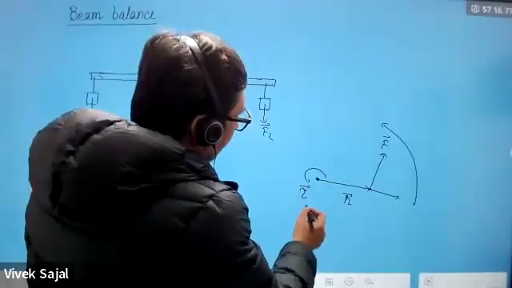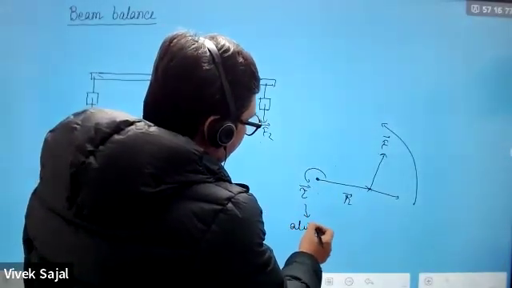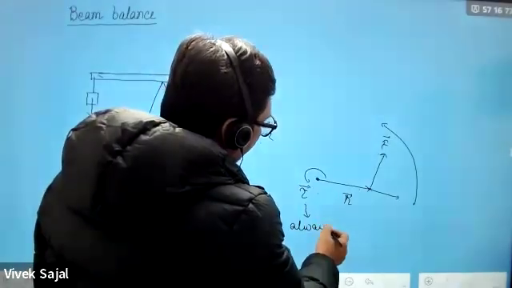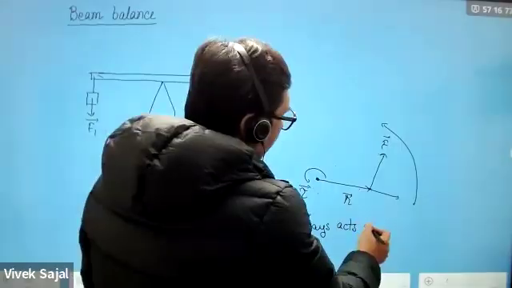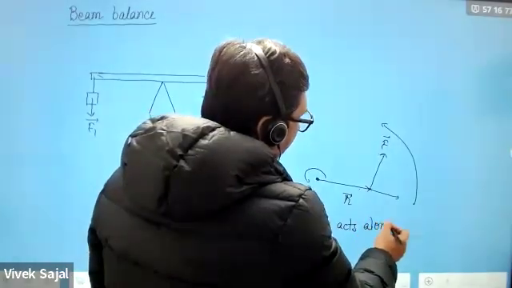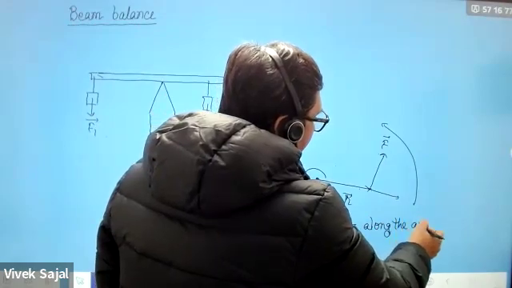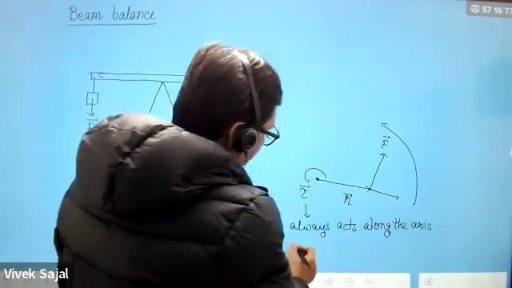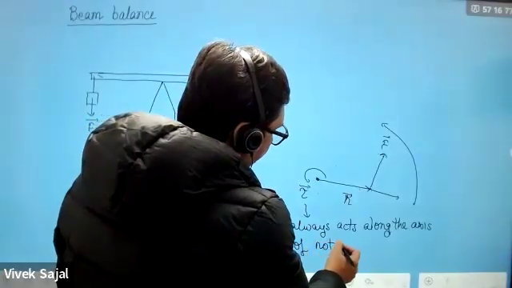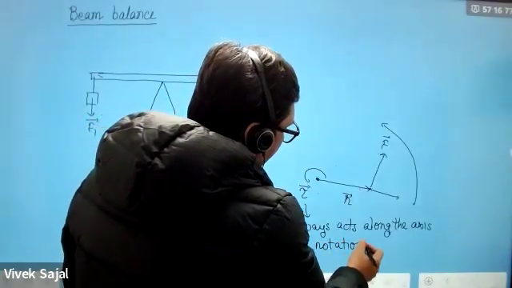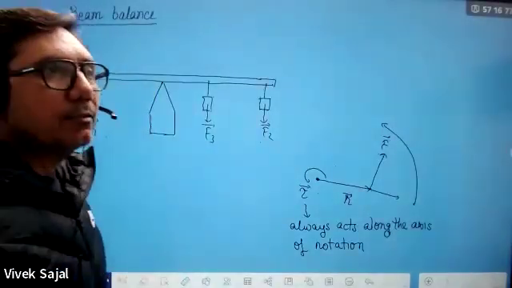That's why you can observe that torque always acts along the axis of rotation. Try to understand, this torque is always going to act along the axis of rotation.